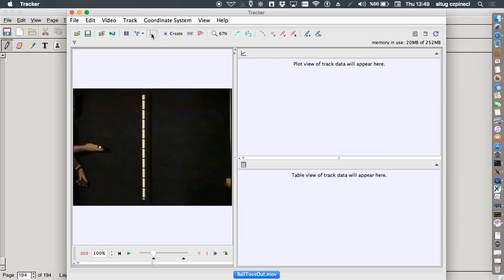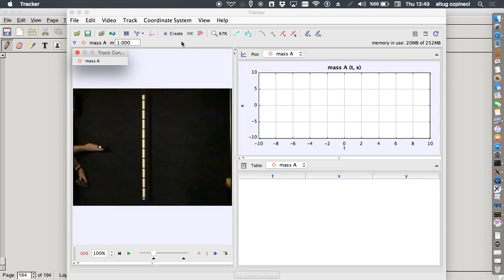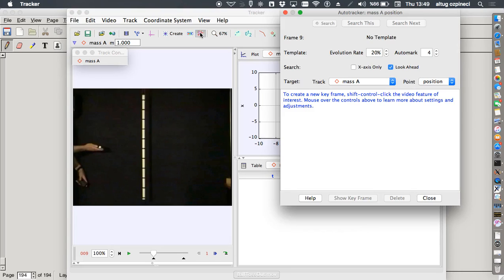Now the next thing we have to do is determine our position. In this program, at least, it allows you to define a point mass. We will be following this point mass. It even follows it automatically. So let me just choose the point as my mass.